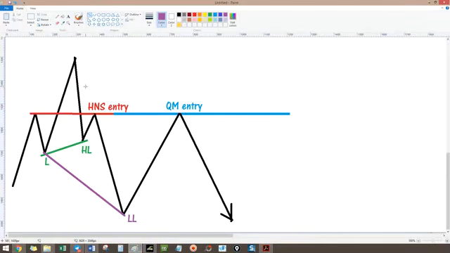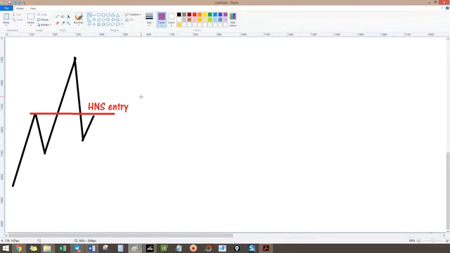Sometimes a valid QM will have something like this. It will have something like this. Then go up a little, and then go down.